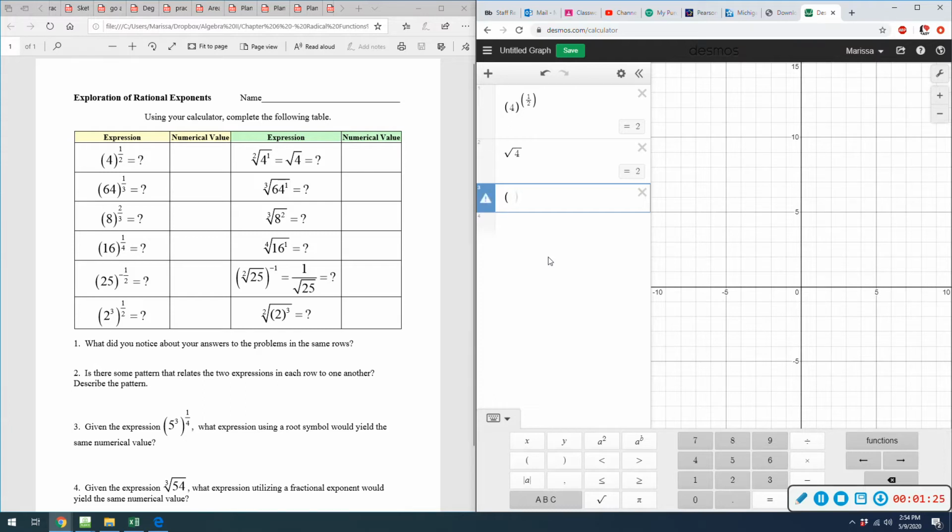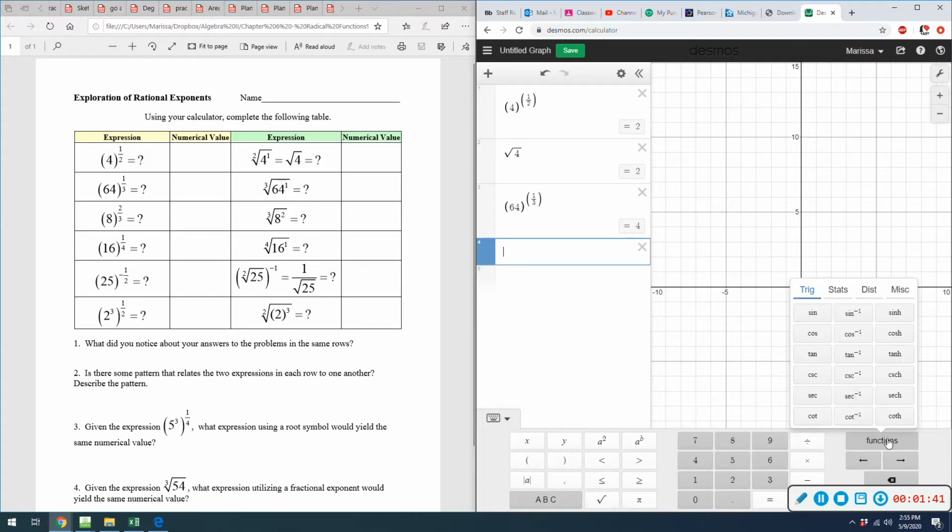The next one we have is 64 to the 1/3 power, which is 4. Then I do the cube root of 64 to the first power. This is not the same thing, but if we go to functions, somewhere in here you can get a cube root.